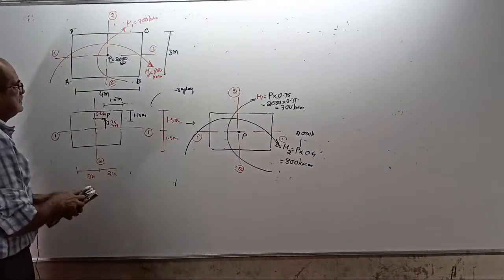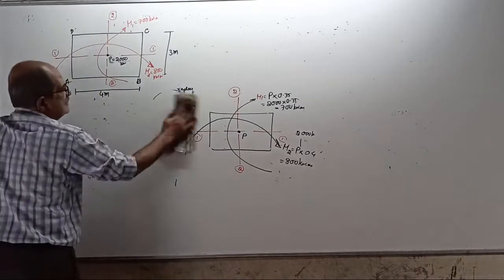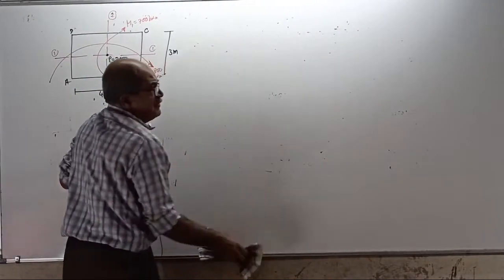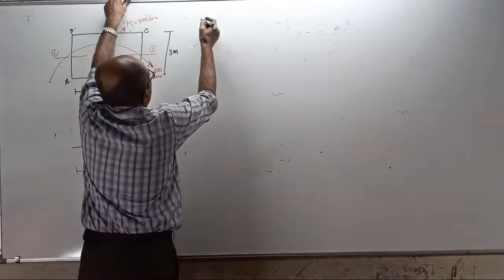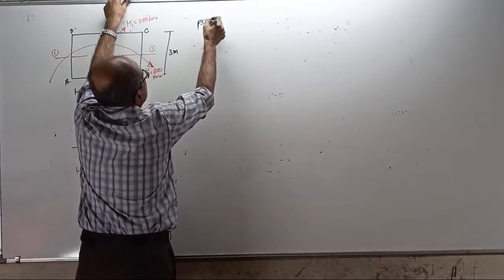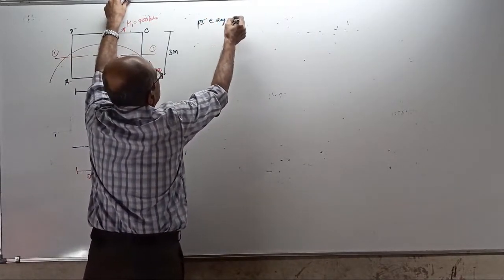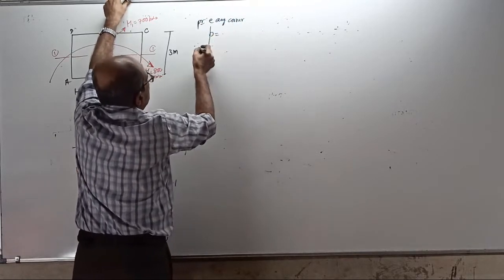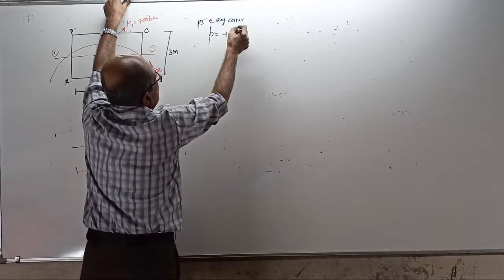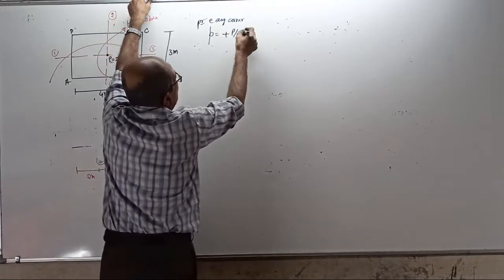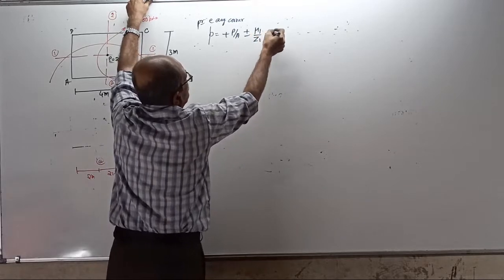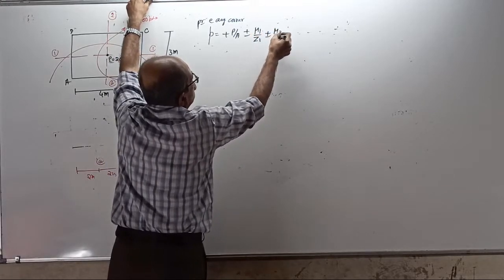Therefore, start pressure calculation. Pressure at any corner equals P by A, plus or minus M1 by Z1, plus or minus M2 by Z2.